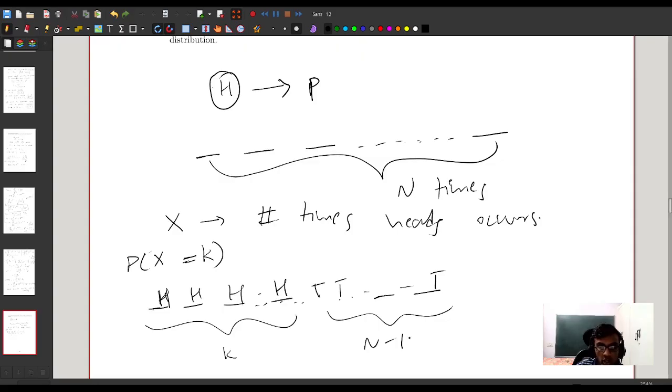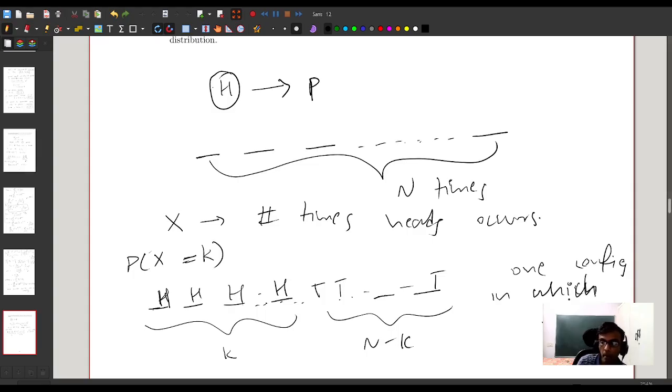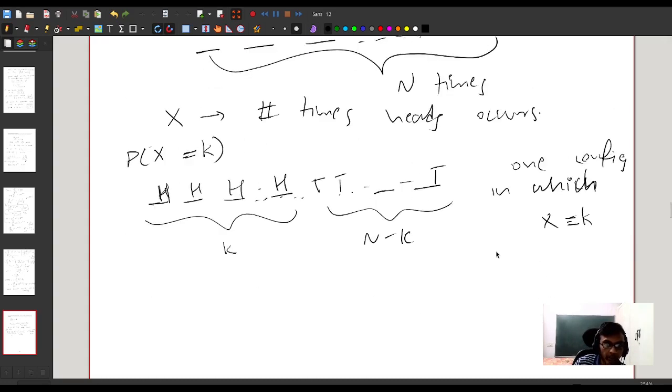This is one such configuration in which this can happen. But of course this is not the only one. First, let us find the probability of this one particular configuration occurring.